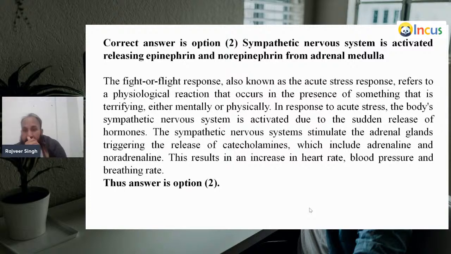In response to acute stress, the body's sympathetic nervous system is activated due to the sudden release of hormones, and the sympathetic nervous system stimulates the adrenal glands, triggering the release of catecholamines, which include adrenaline and noradrenaline. This results in an increase in heart rate, blood pressure, and breathing rate. So the answer will be the second.